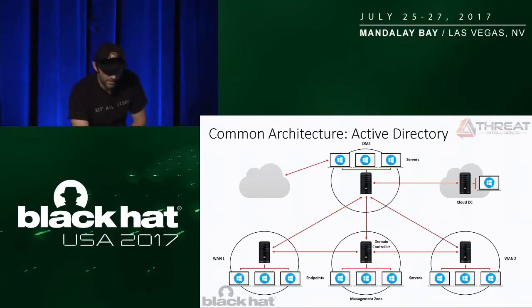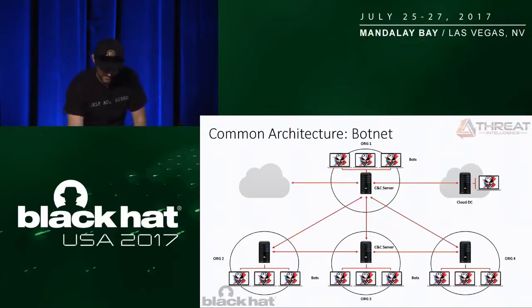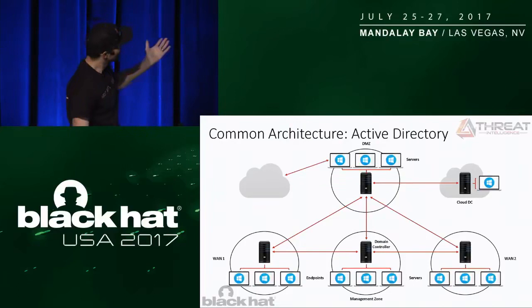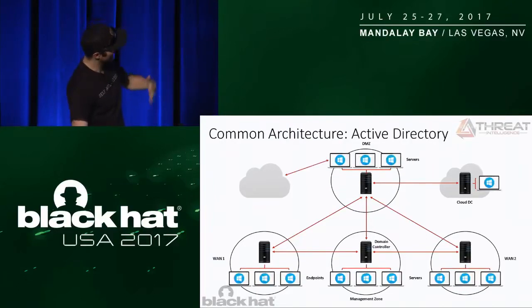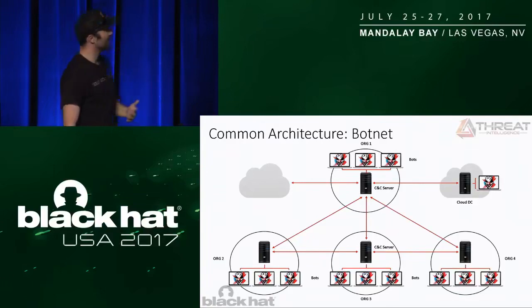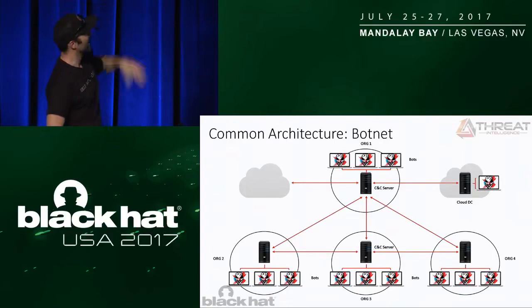So let's have a look at a common botnet architecture. Wait a minute, that looks very familiar. Active Directory, botnet architecture. So in this case, you've got different organizations as represented by the circles.